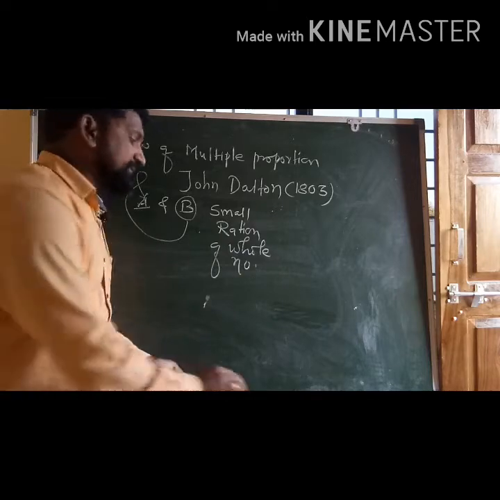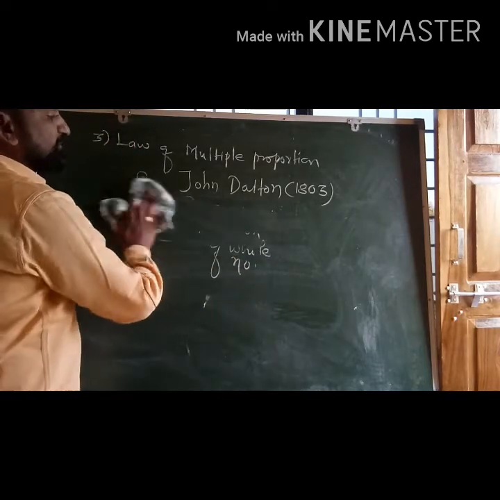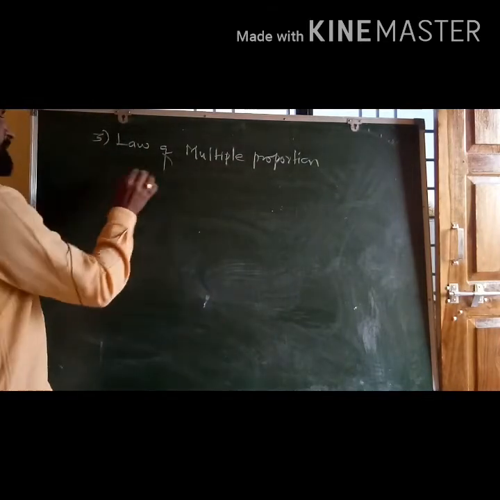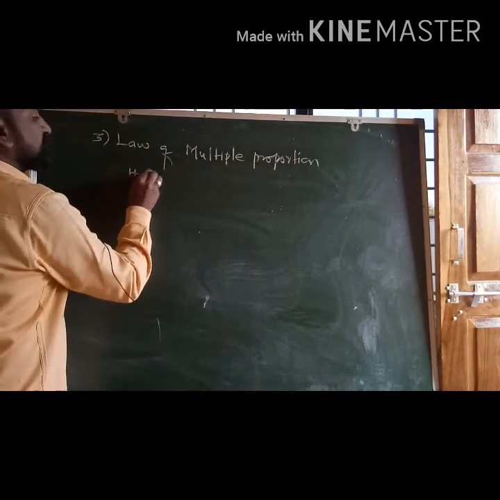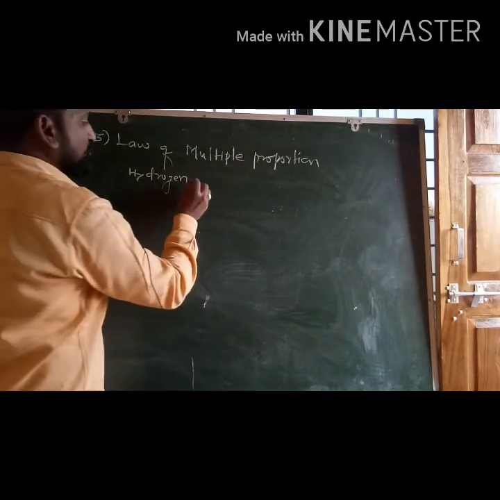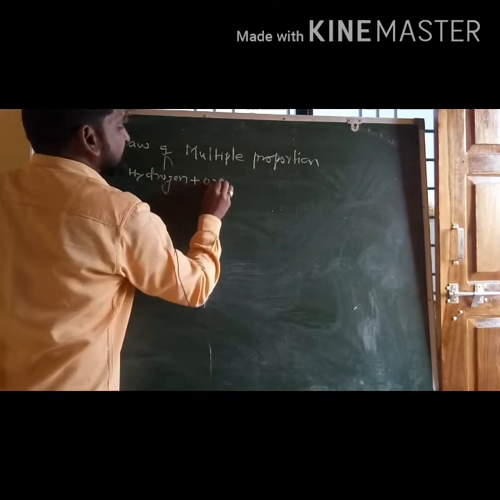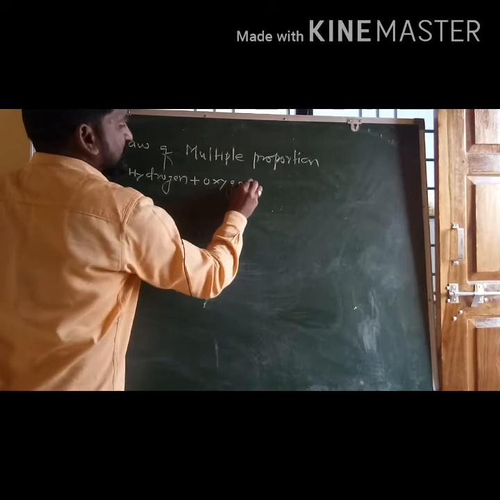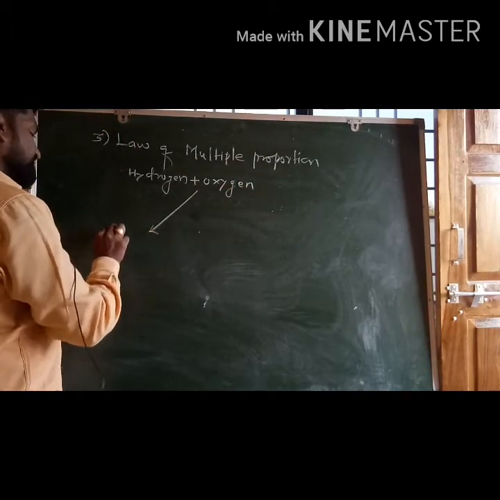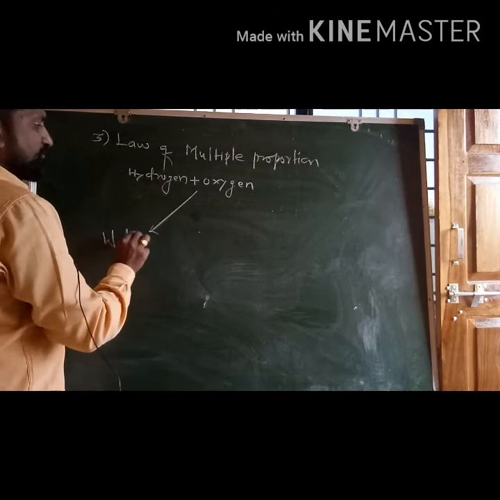Okay, for example, this will be clarified after having a proper example. What happens when hydrogen combines with oxygen? See here what I am saying: when hydrogen combines with oxygen, there is a formation of water.